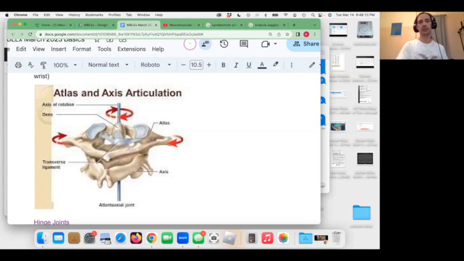It provides a way for the atlas and the skull to turn. Think of the atlas and the skull as like one piece functionally. The skull moves and the atlas always moves with it. And the atlas and the skull turn around the axis.